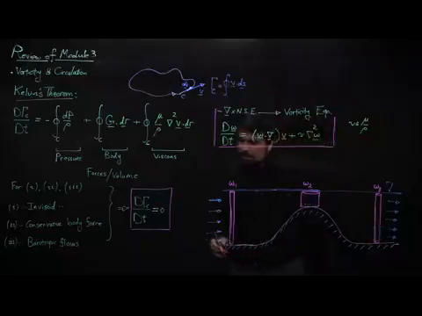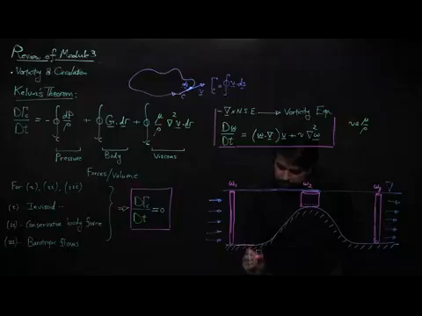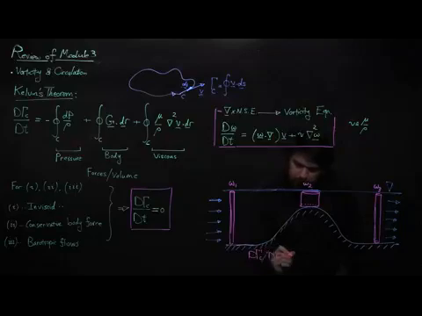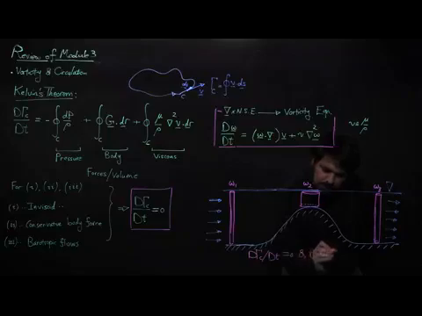If you use conservation of vorticity, which tells us that d gamma c over dt should be equal to 0, and combine that with conservation of mass, which tells us the overall mass of this vortex tube, d mass over dt, should be equal to 0.